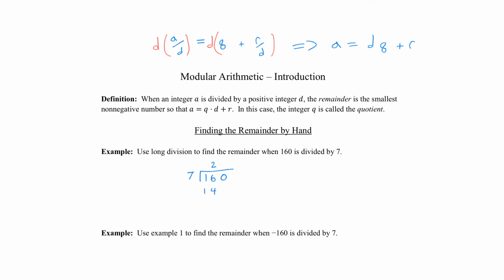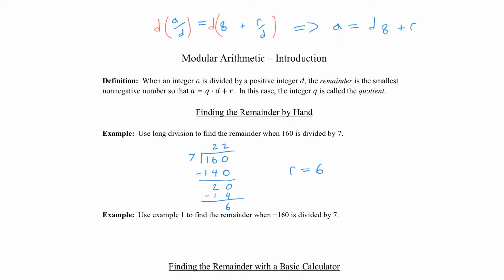And then we'll take 160 and subtract away 140, and it leaves us with 20 leftovers. And 7 goes into 20 twice. And again, we'd subtract 14. And now we're left with a remainder of 6.